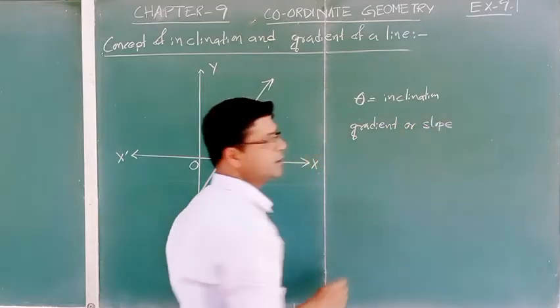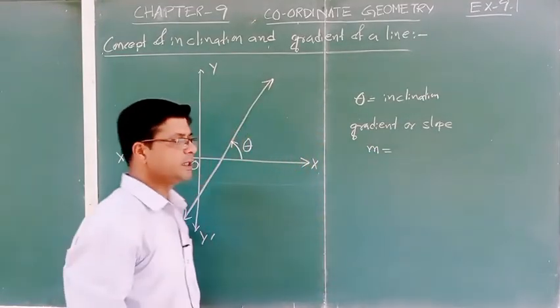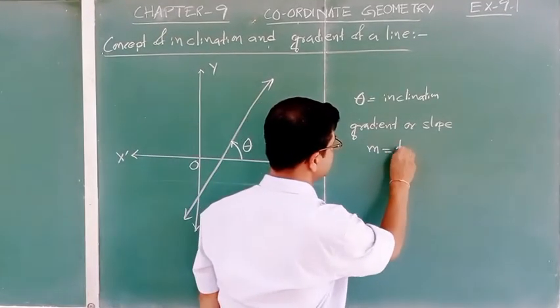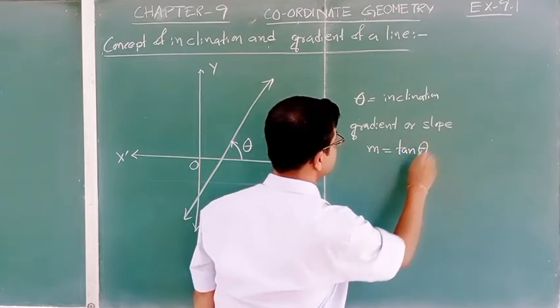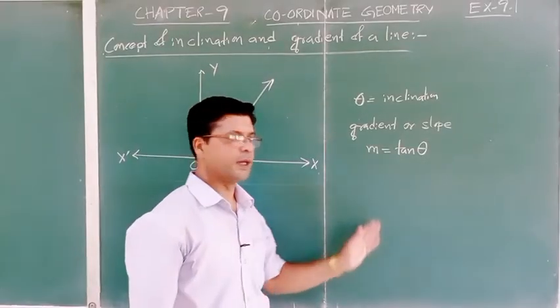We use the word gradient or slope, and it is denoted by m. It is the tangent of the inclination. The tangent of the inclination is called the gradient or slope of a line.